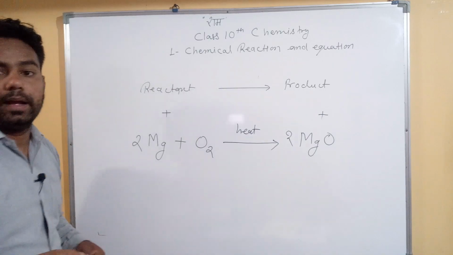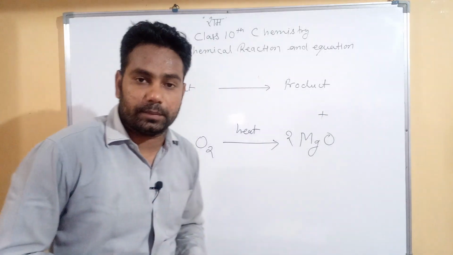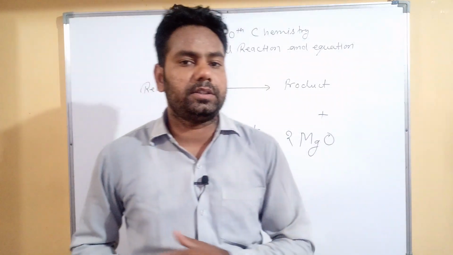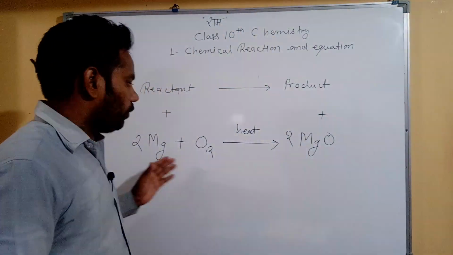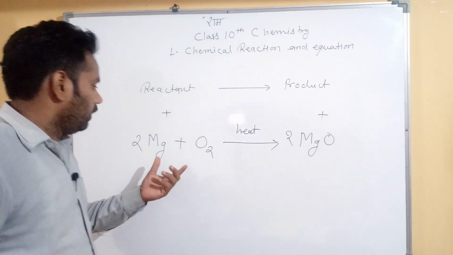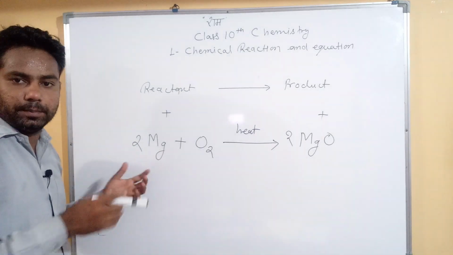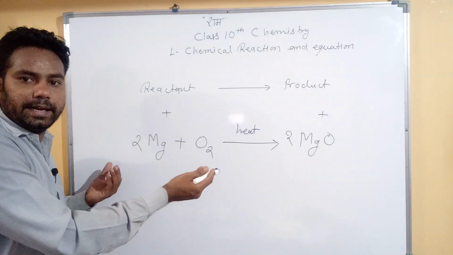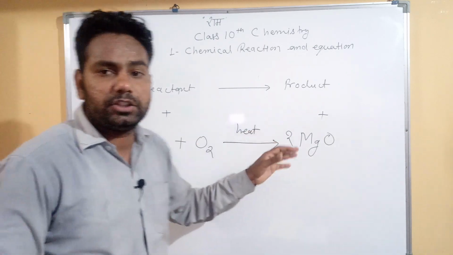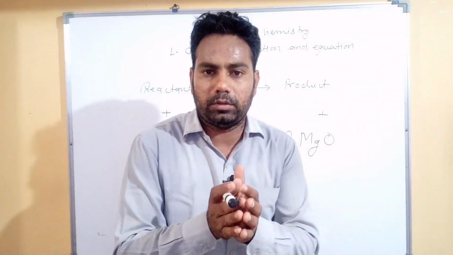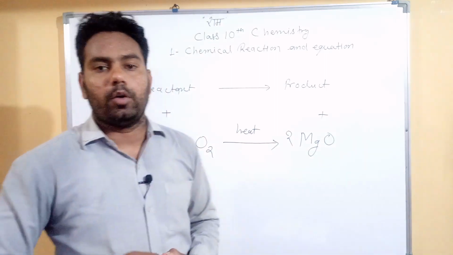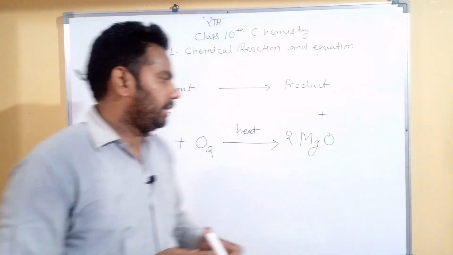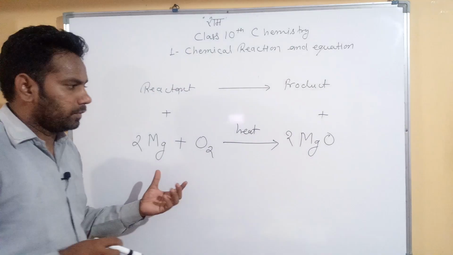So it is now a balanced chemical equation, because in a chemical reaction, elements are neither created nor destroyed; we only change from one form to another. Here oxygen and magnesium are separate reactants, but magnesium oxide is a compound, a molecule of magnesium oxide.